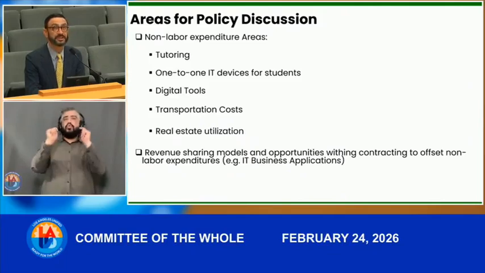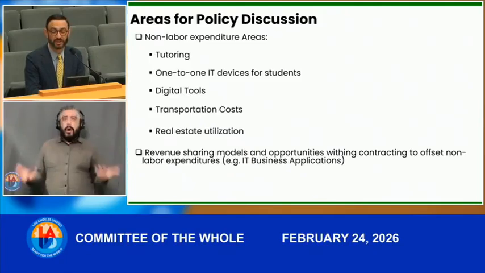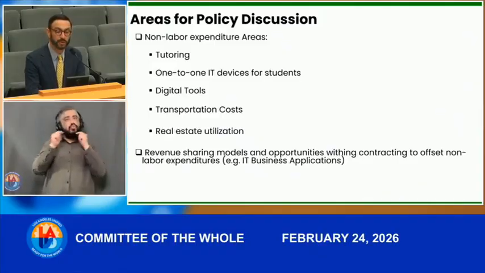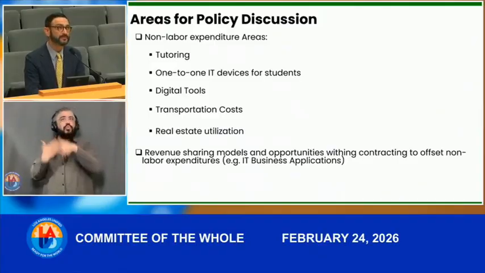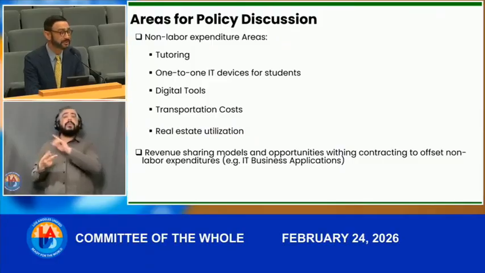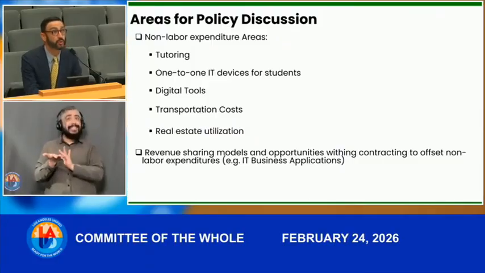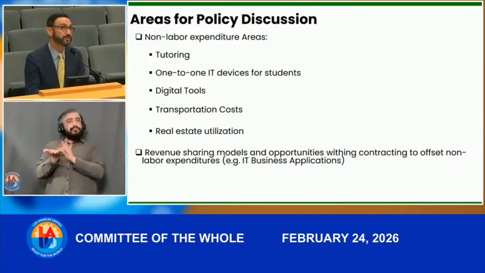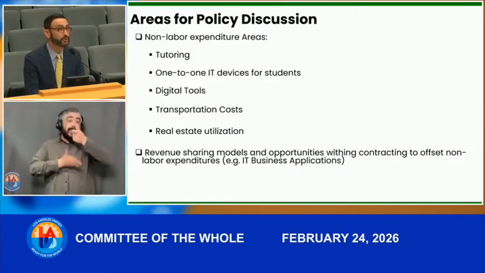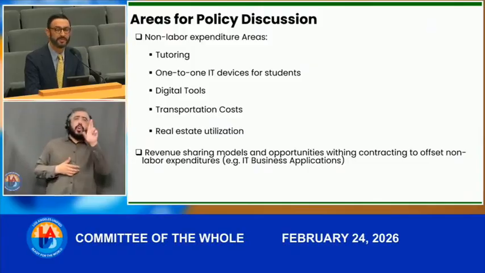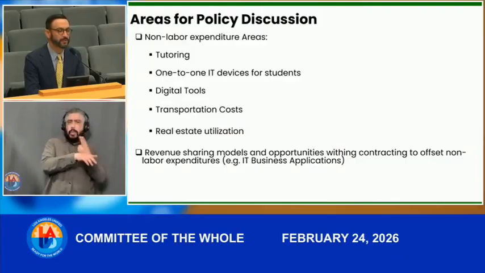Of course, there's a substantial emphasis on tutoring to support our students and their learning. There's one-to-one devices for students. There are digital tools that help our student learning as well. There are transportation costs. And there's also real estate utilization. And what we mean by that is right now there are substantial schools where the space utilization might be relatively low.